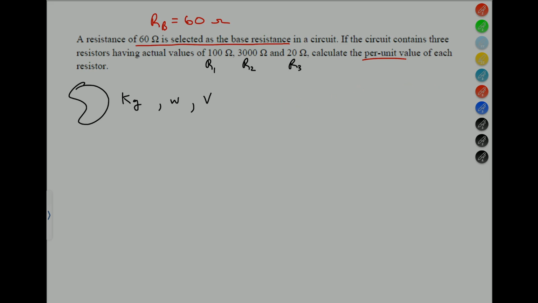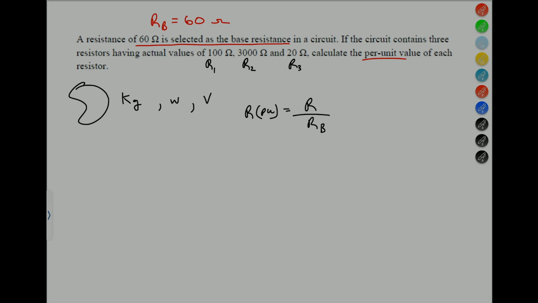We're going to use RB as 60 ohms. So if we want the per unit value of each resistor, the per unit is equal to the actual thing we want to compare divided by the base. So we want to compare the actual to the base.